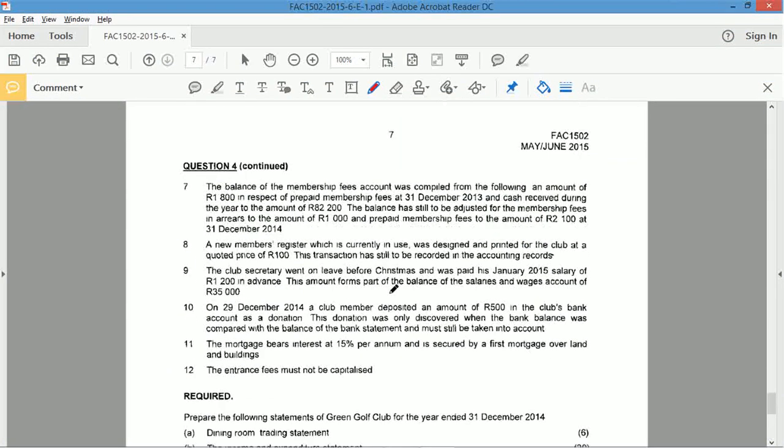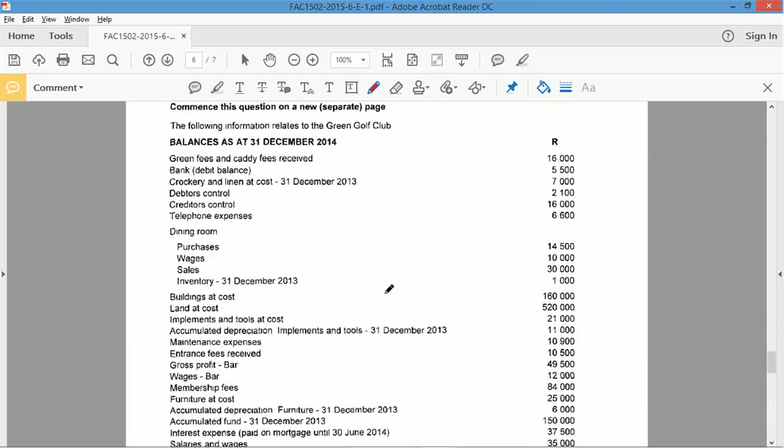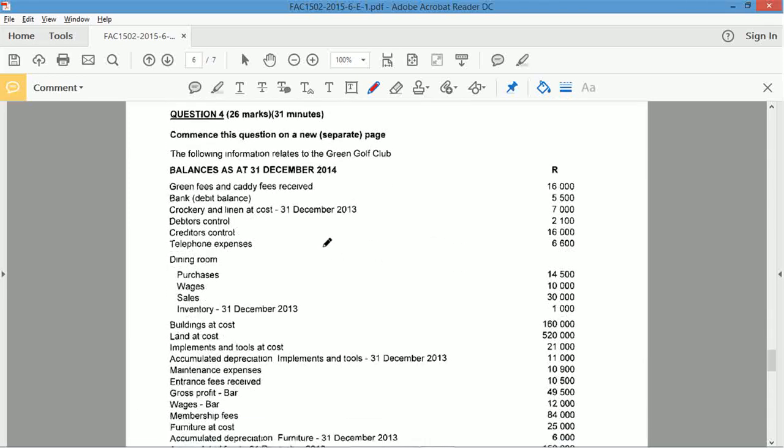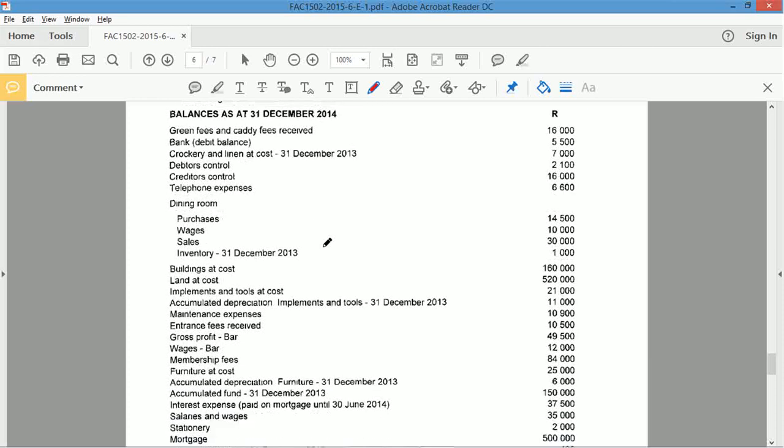First bit, get your easy marks. Go down the list of accounts and identify what things are. Green fees and caddy fees received. That would be seen as income.